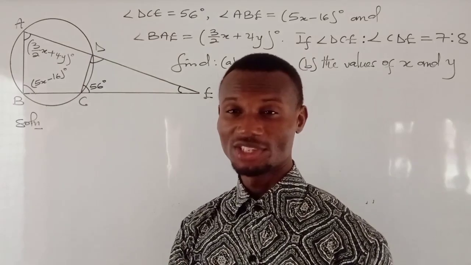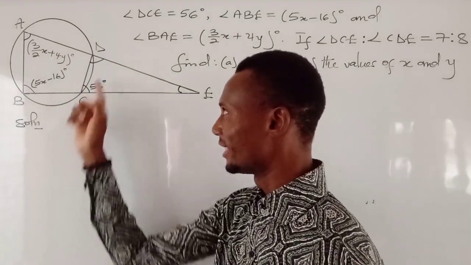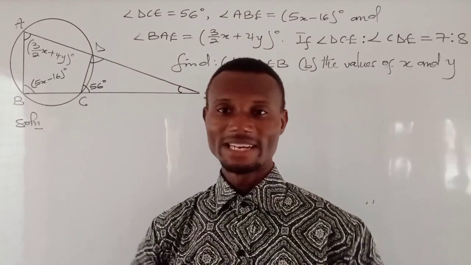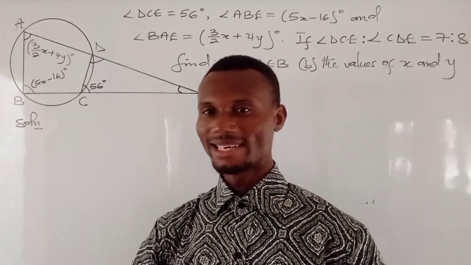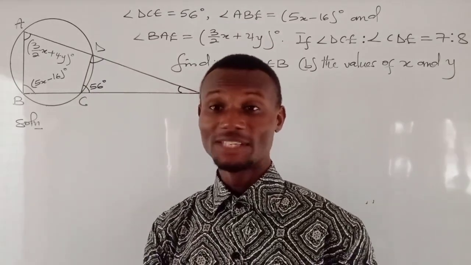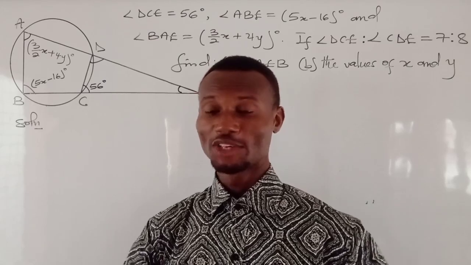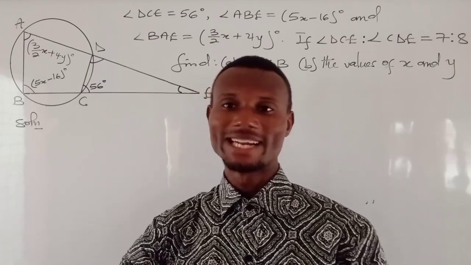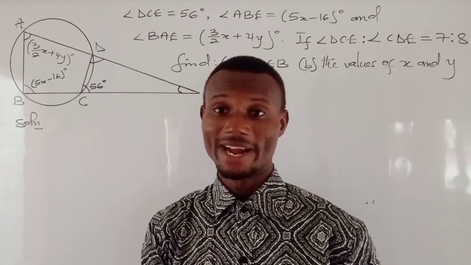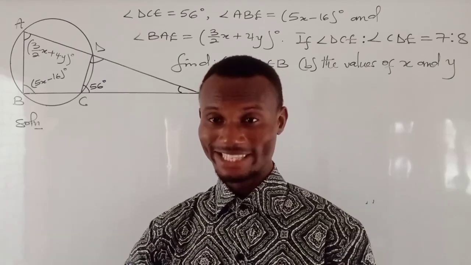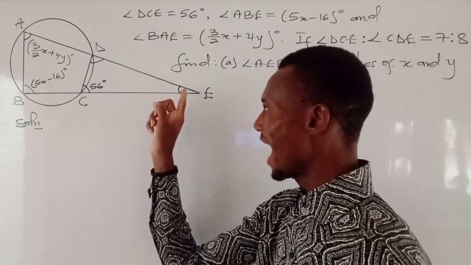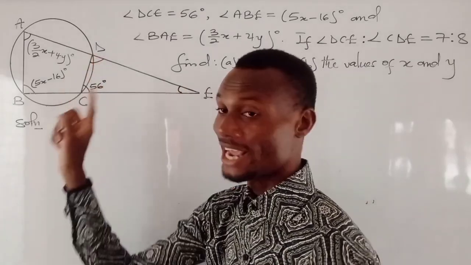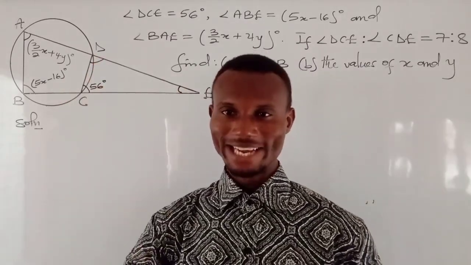Don't forget, you are considering the triangle CDE, and we've established that under plane geometry the sum of the interior angles of a triangle is equal to 180 degrees. So the angle here plus the angle here plus the angle here should give us 180 degrees.